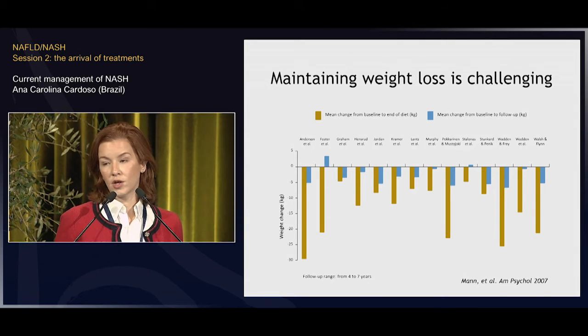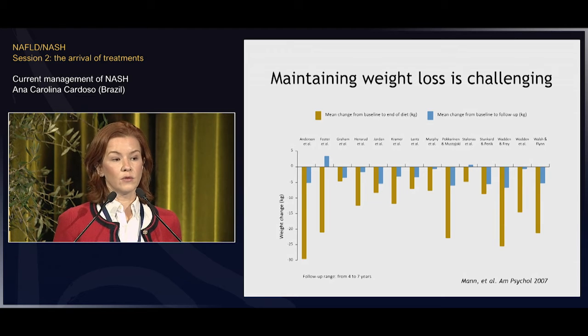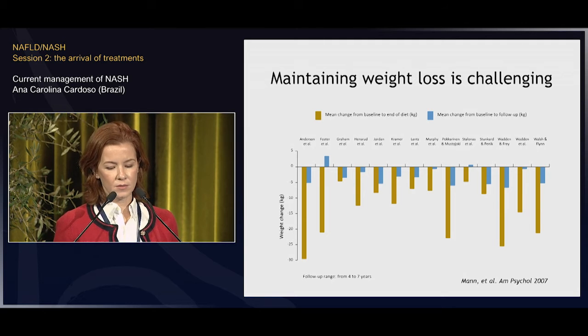Maintaining weight loss is challenging. Everybody knows sometimes the patient can even lose weight, but maintaining the weight loss is completely different. Here are some studies that show the mean change from baseline, here in brown, to the end of the diet.